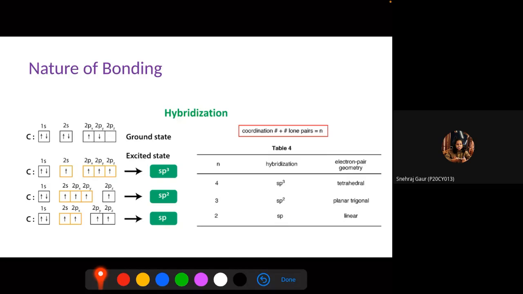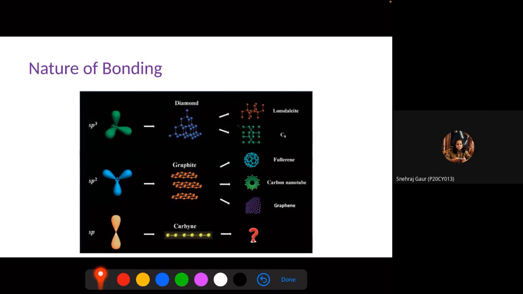That leads to these different structural forms of carbon. For example, with sp3 hybridization you have the diamond structure, an fcc Bravais lattice where you have carbon atoms with sp3 bonding.